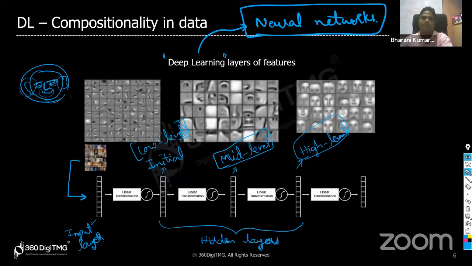And ultimately, you have the output layer, and this output layer would give you the final output. If you're building a facial recognition system, it would probably identify the name of the person. Automatic attendance tracking in organizations could be one classic example.